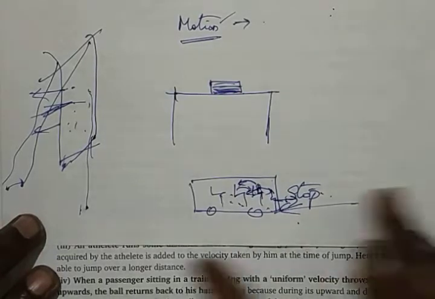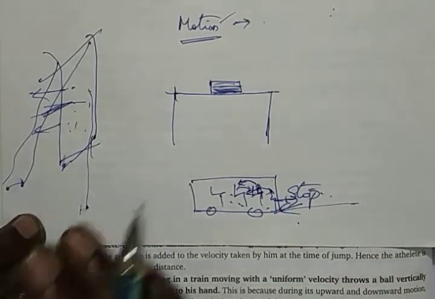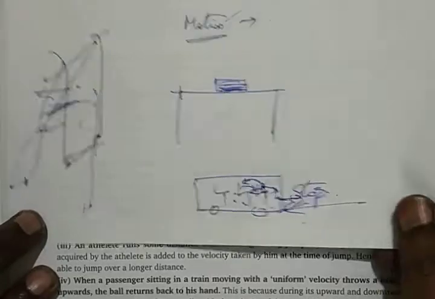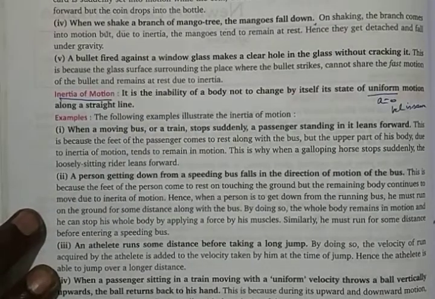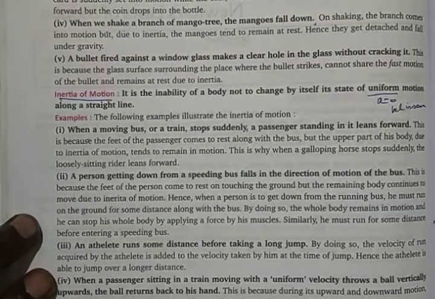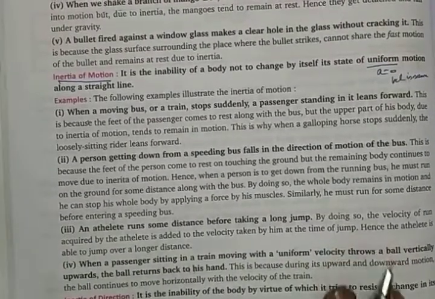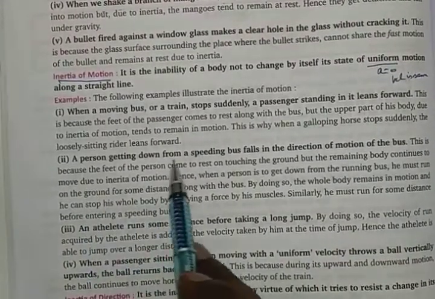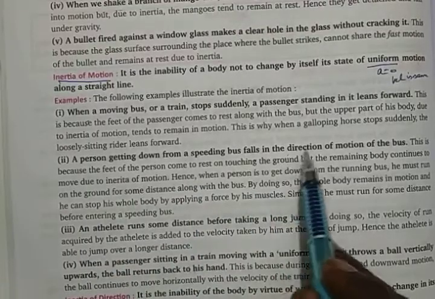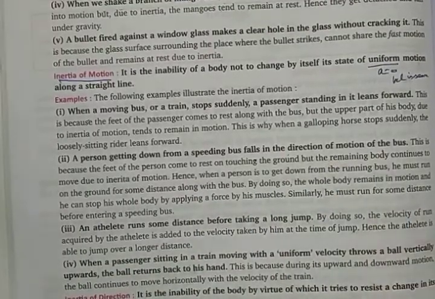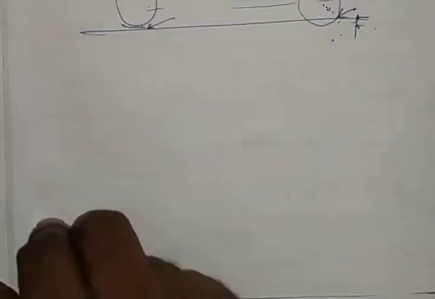So the bus is stopping, but the passengers are trying to keep on moving, so they fall forward. And sometimes even somebody standing there falls on the floor also. The person getting down from a speeding bus falls in the direction of the motion of the bus. All of a sudden, sometimes it happens.